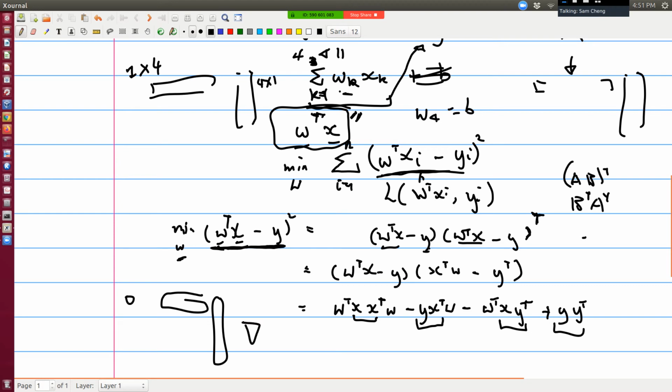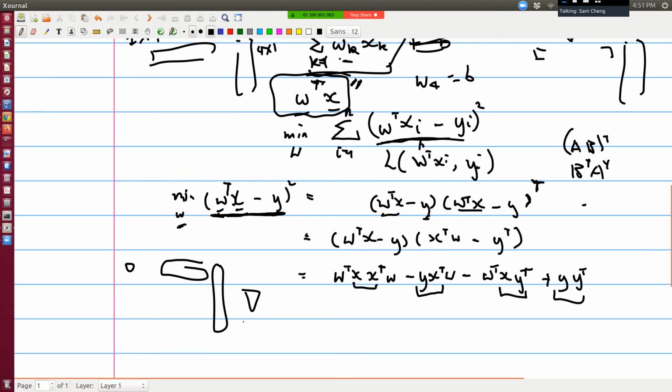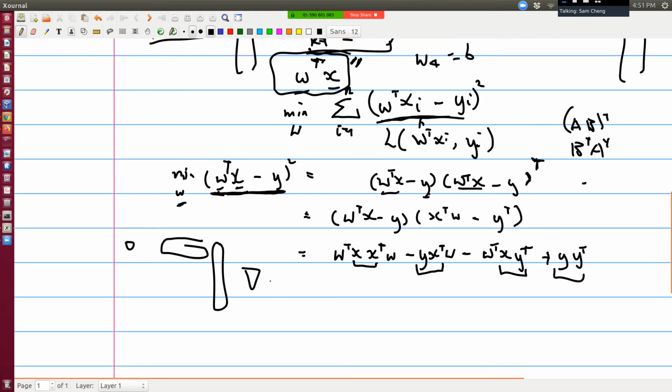Remember we talked about gradient last time. We take the gradient of that function, and the gradient with respect to W should be equal to 0. That's what we're trying to do. The last term does not depend on W, so if we take its gradient, it just gets 0.